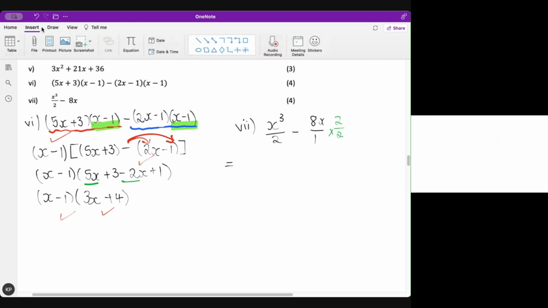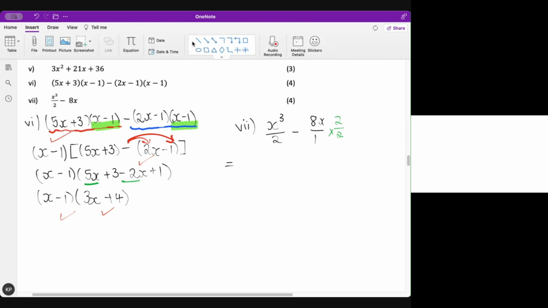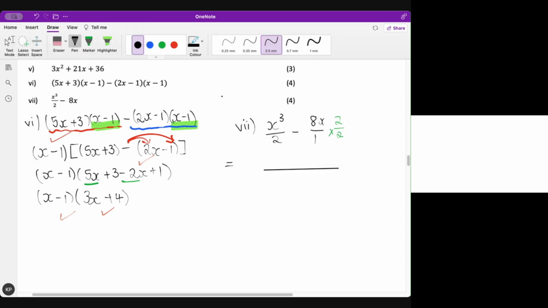And the reason you do this is to make one fraction. Once you have one fraction, life becomes much easier, and you'll see that it's not as bad as it looks. So for the first one, we're not multiplying anything because it's already over 2.